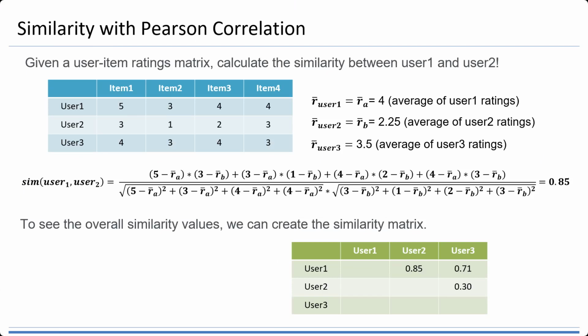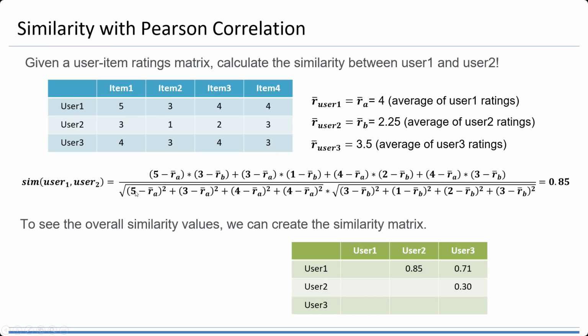So that's the upper side. Then we divide with 5 minus R A, this is the average of user 1, and 3 minus R A, the average of user 1.